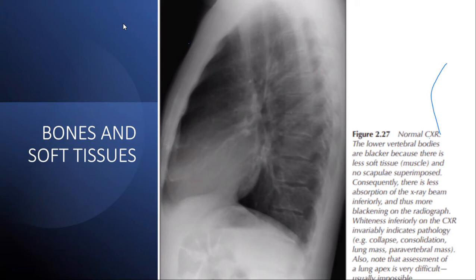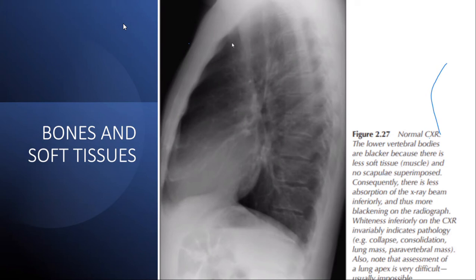Usually, the patients are positioned in such a way that their arms are lifted above the shoulder, so their arm shadow is not superimposed on the lung shadow, as in the lateral chest. But if the patient is very frail, he cannot lift his arms. What will happen? The shadow of the arms and the scapula will be superimposed on the upper part of the chest.